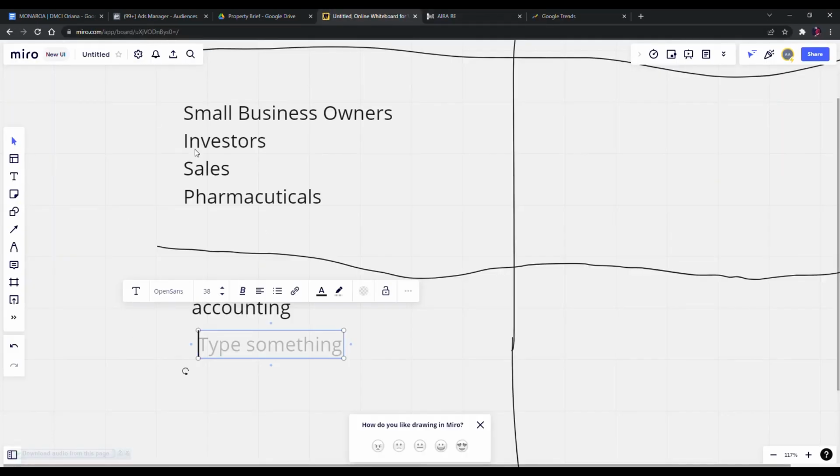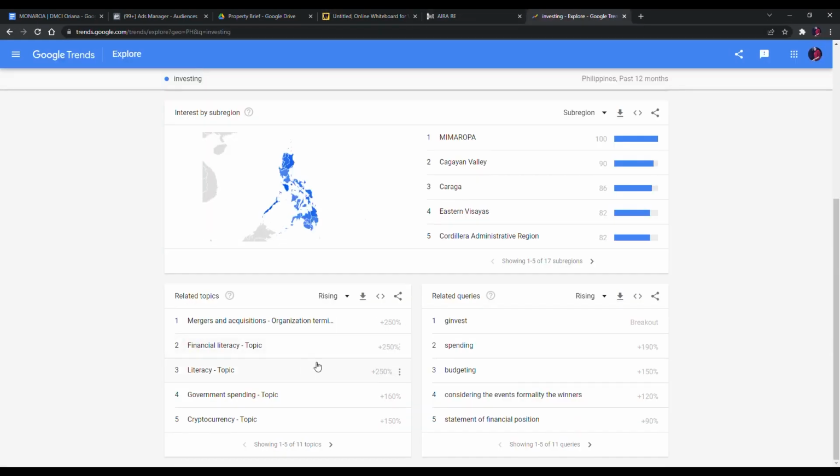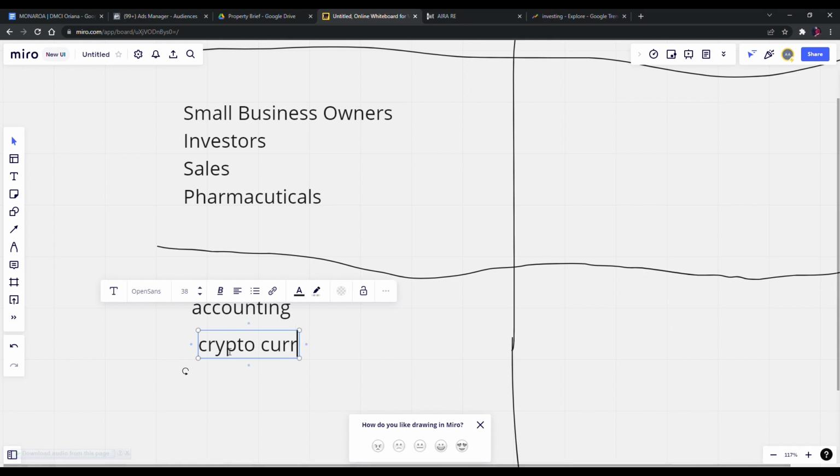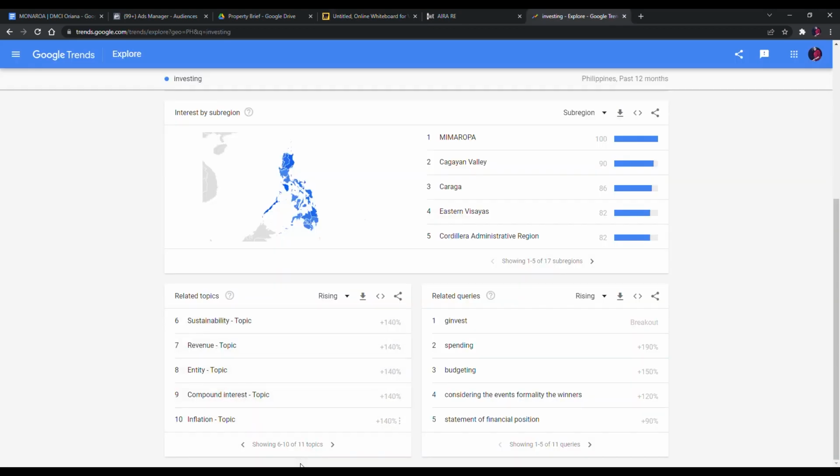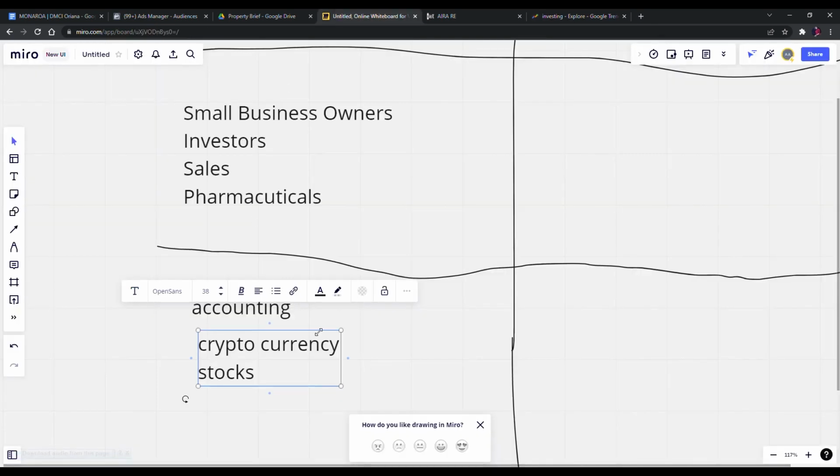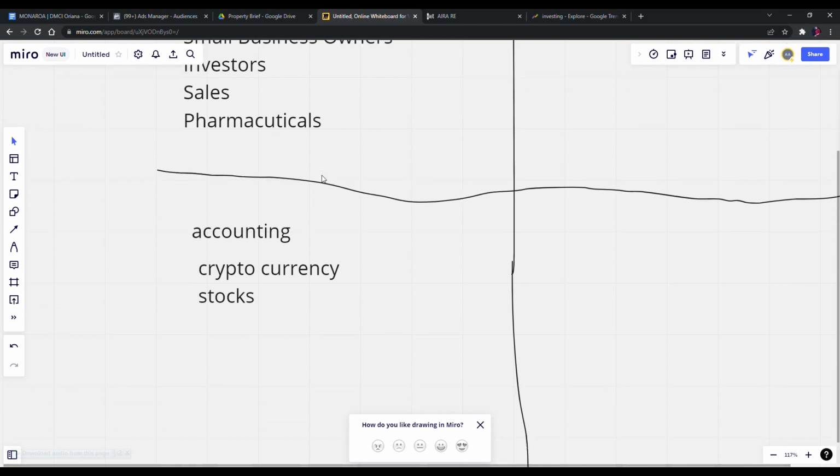So let's go back here. So for investors, financial literacy, government, cryptocurrency. Cryptocurrency can be good. Then you get in stocks. So let's see, inflation, assets, all that stuff. And yeah, you can just pretty much figure that one out on your own.